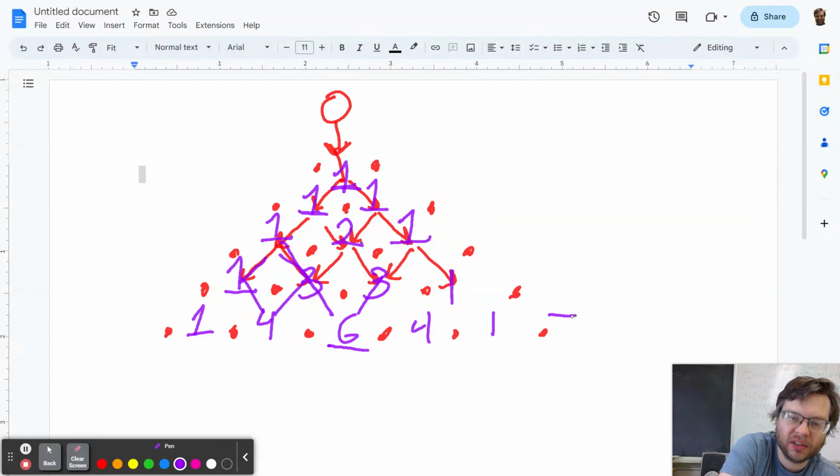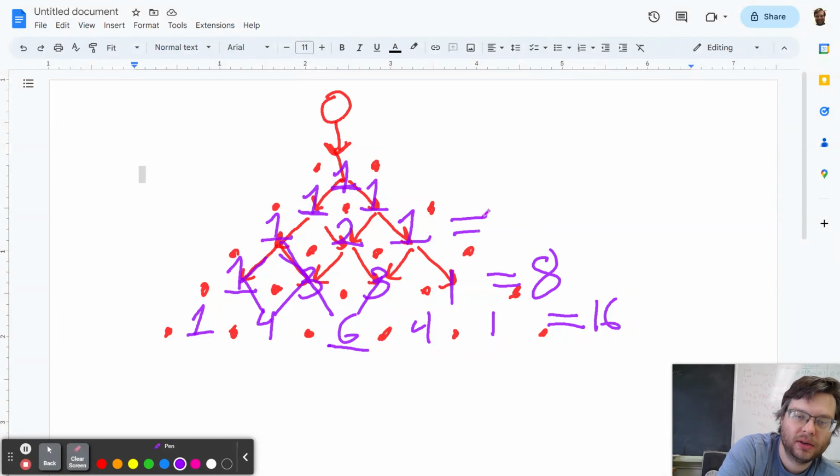So the total number of outcomes here is 1, 5, 11, 15, 16. The total number of outcomes here: 1 plus 3 is 4, plus 3 is 7, plus 1 is 8. Perhaps you're seeing a pattern. 1 plus 2 plus 1, 1 plus 1, and 1 by itself.